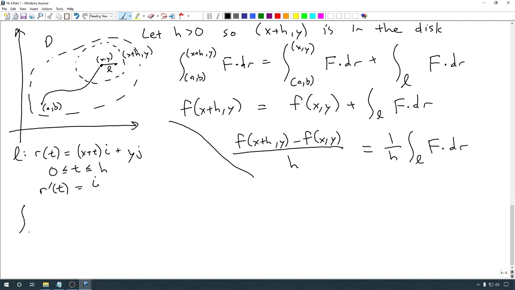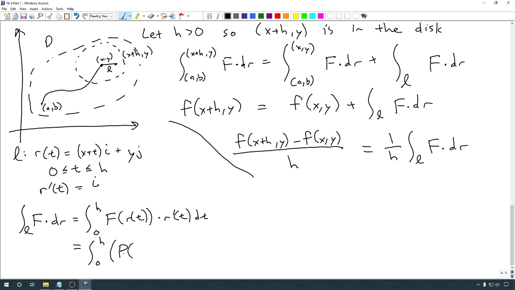And so this integral is going to be the integral from 0 to h of F of r of t, dotted with r prime of t. But remember, F is Pi plus Qj, so you can go ahead and write that in here. And then r of t just follows this formula here.